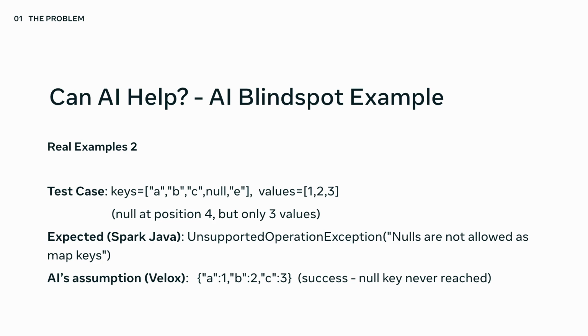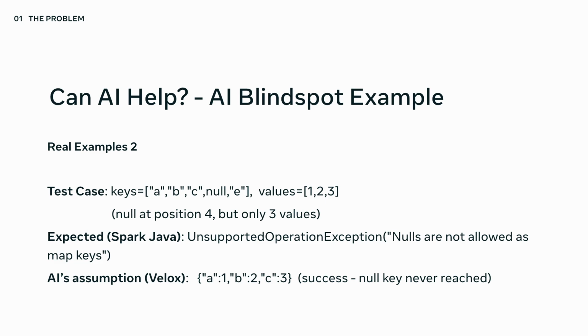Another example is the same UDF, where there is a null in the middle of the key array. The Java UDF throws an exception because it doesn't allow null in the map key array, but the AI just assumes it should skip the null and keep the rest of the key-value pairs.